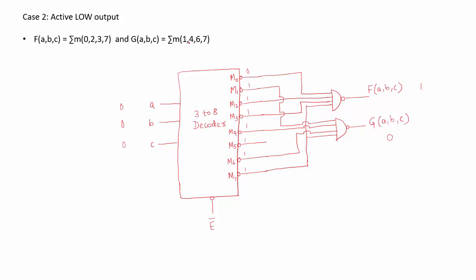And similarly, you can verify it for minterm 4. So it will be 1, 0, 0. So in that case, M4 will be 0 and all others will be 1.